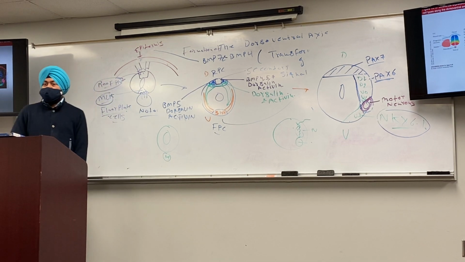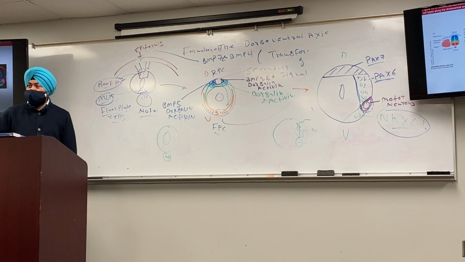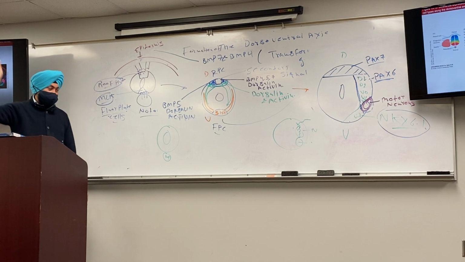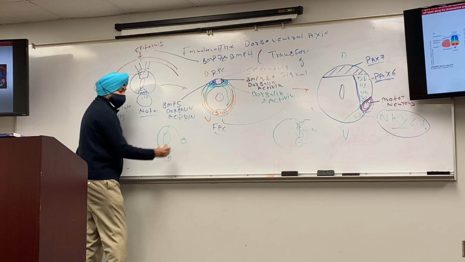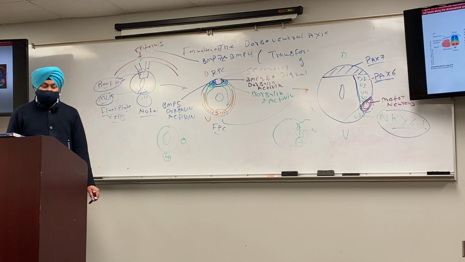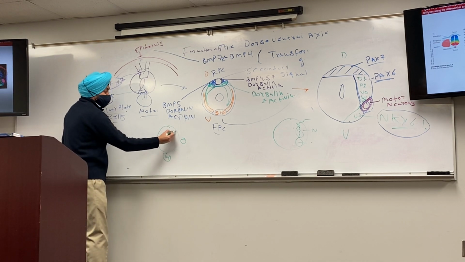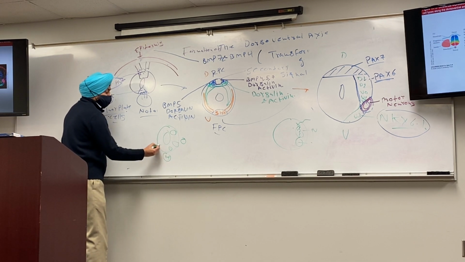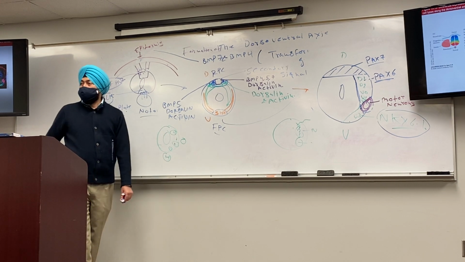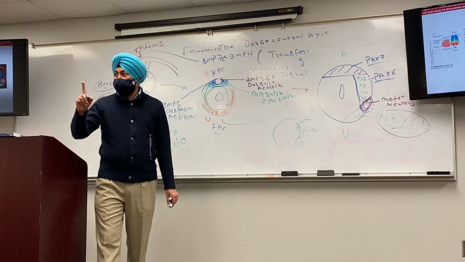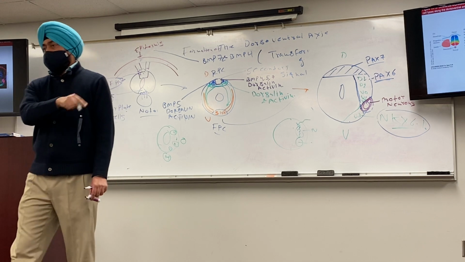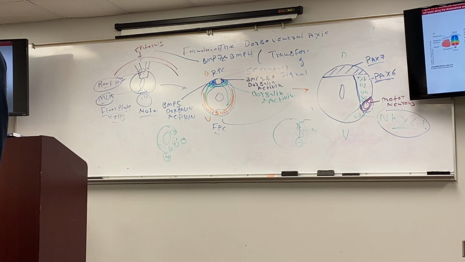You take another mouse embryo, take the notochord from that embryo, and put it here. What is going to happen is you will have another motor neuron column established on this side. That means the notochord signaling is actually essential for the formation of the motor neuron.